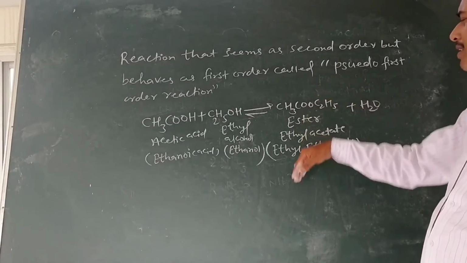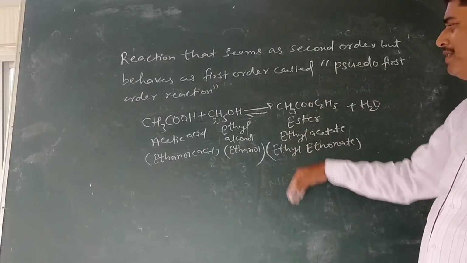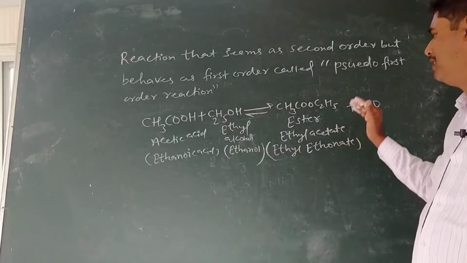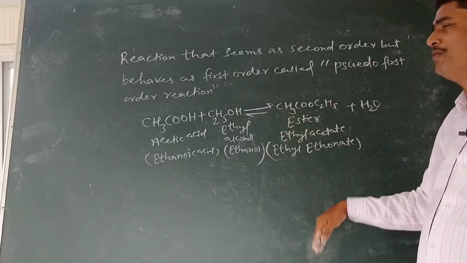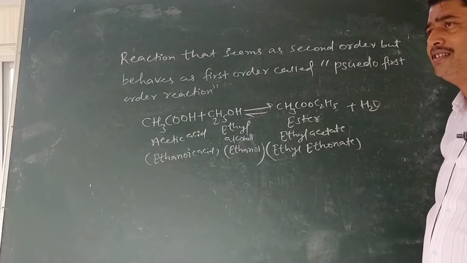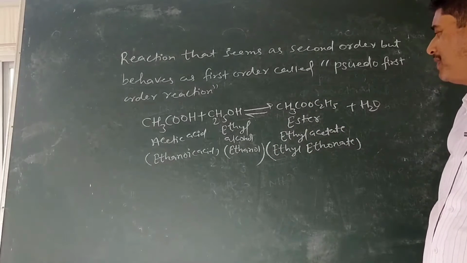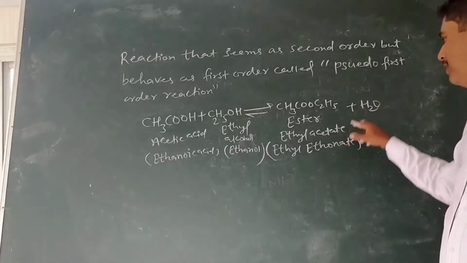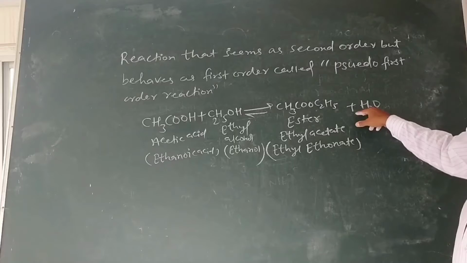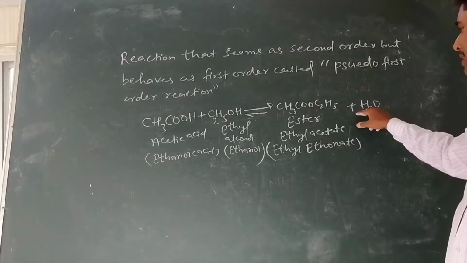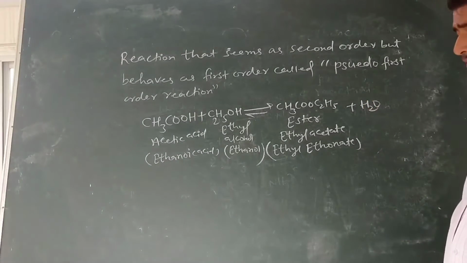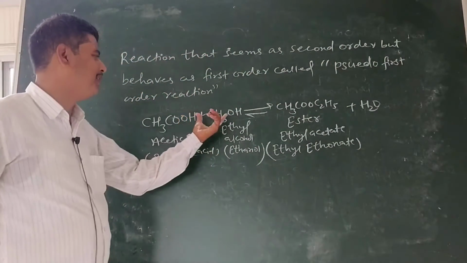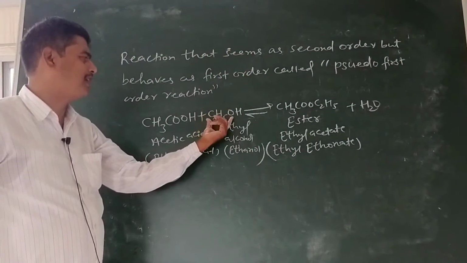For the backward reaction, that is, hydrolysis of ester for formation of acid and alcohol, this reverse reaction is known as hydrolysis. And in this, rate depends on the concentration of water. So here 1 mole water, that is, first power of the concentration of water. And for forward, rate will depend on the concentration of alcohol.